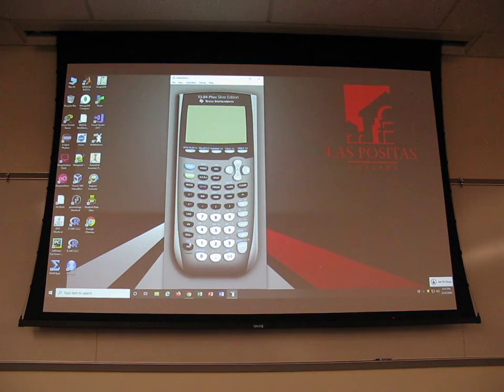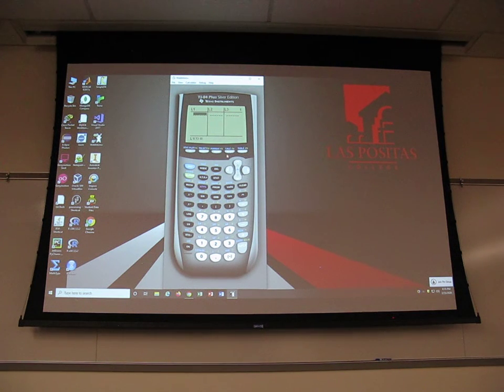Turn it on. On is at the bottom left. And then we're going to go to Stat, Edit, Enter. Put your data. If you have stuff in here, you can hit Clear, Enter, and that will wipe it out. If you go up to the very top where you're on the L1, Clear, Enter, it'll clear it out.